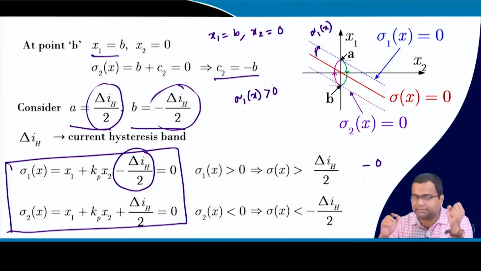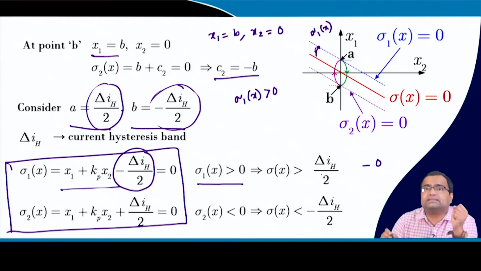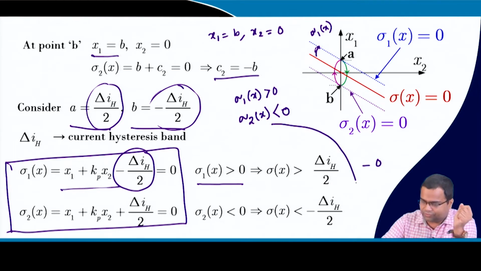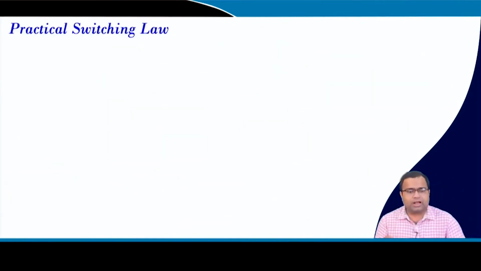That means sigma 1x greater than 0 is nothing but sigma x greater than delta h by 2, and similarly sigma 2x should be less than 0, which will lead to this equation, because when the offset trajectory hits here, we should turn on the switch, we should change the logic. So, now we are going to see how to implement the practical switching law.